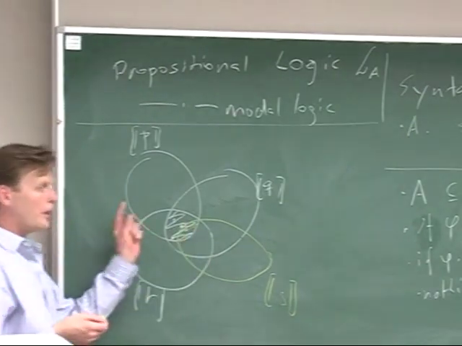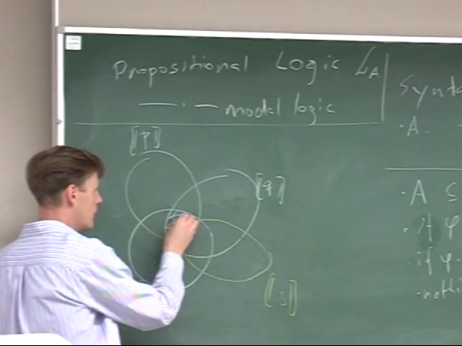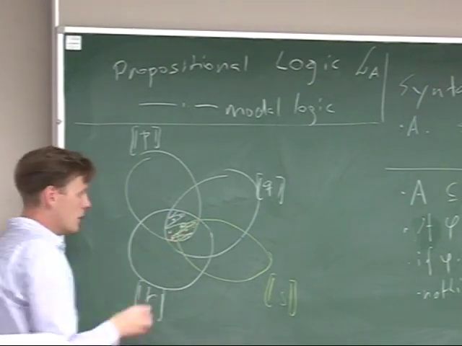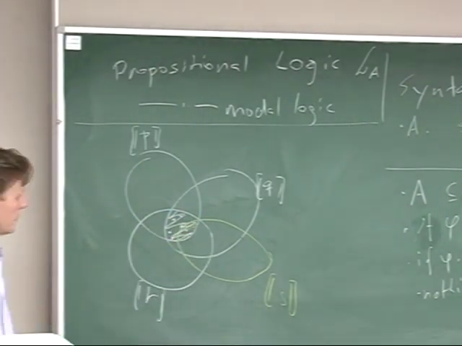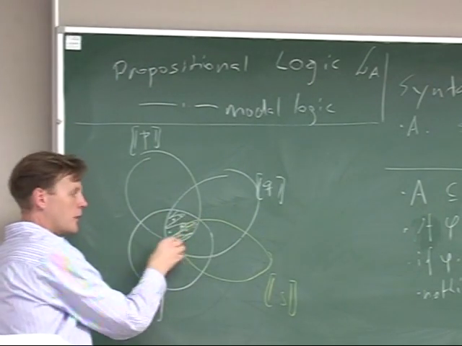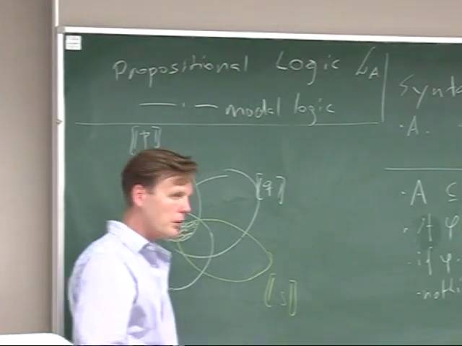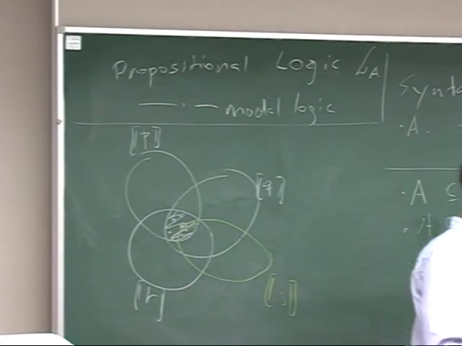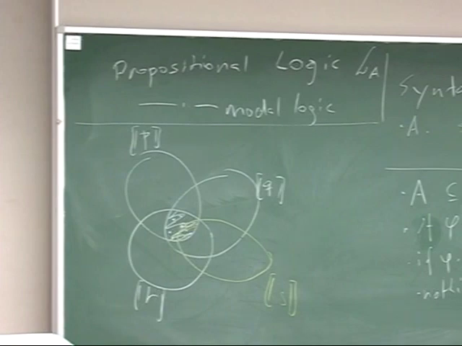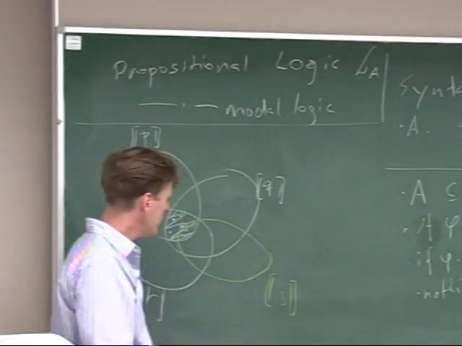Now S in this case, the way I drew this, is not a consequence of the 3 sentences, because consequence is only that if this set here is a subset of S. If S follows from the set of sentences, that is, whenever all the 3, P, Q, and R, are true, then S must also be true. That's not the case in this picture.